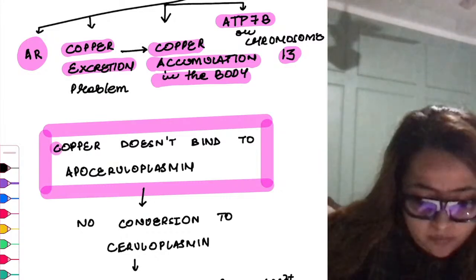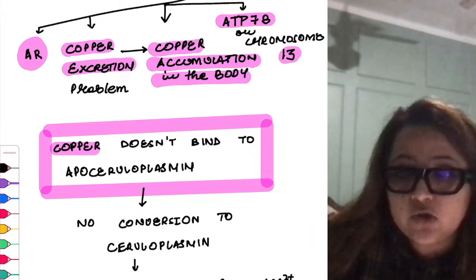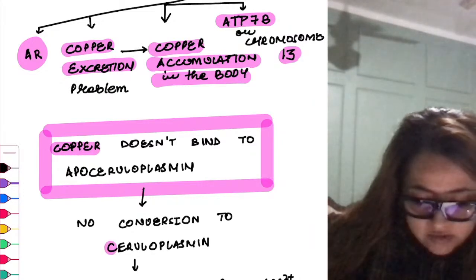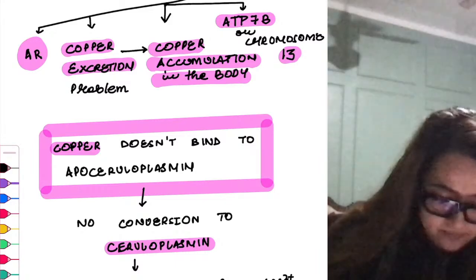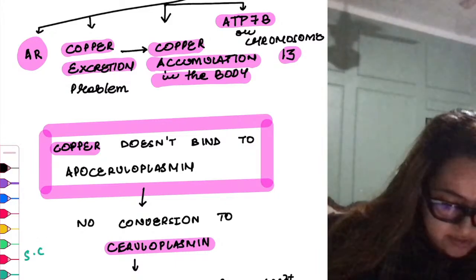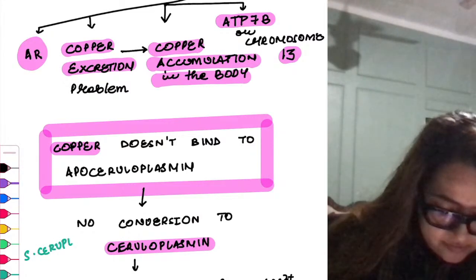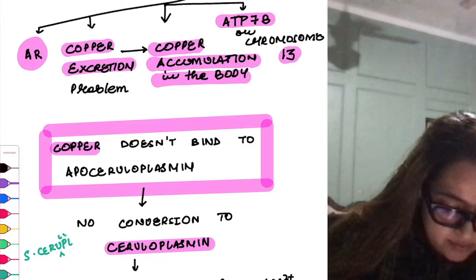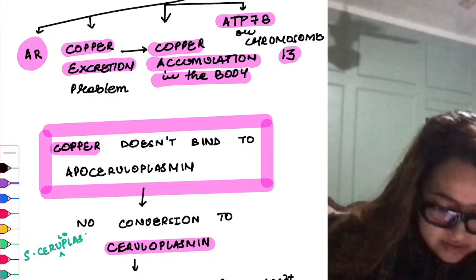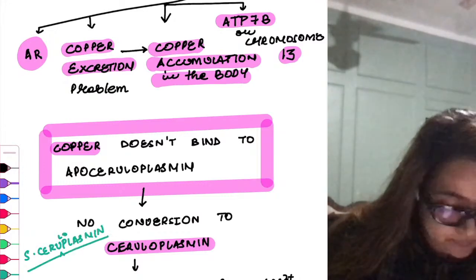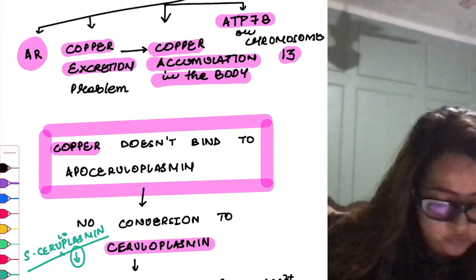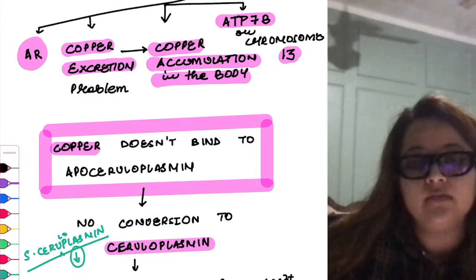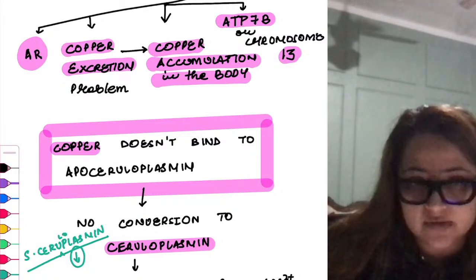So if copper is not binding to apoceruloplasmin, ceruloplasmin won't be formed. So one thing becomes very clear here: what happens to the serum ceruloplasmin levels in Wilson? Your answer to this question is they are decreased. At this point you can say that the serum ceruloplasmin levels are decreased.